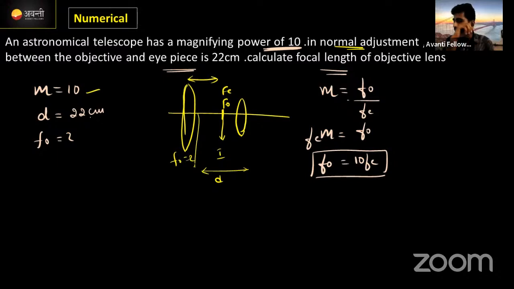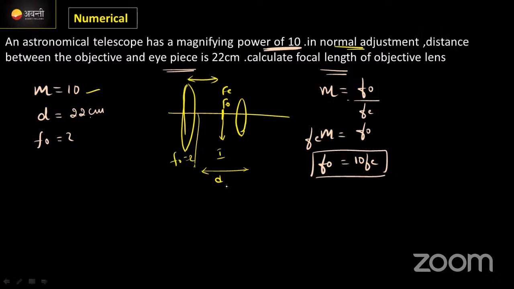Now we need to calculate the value of fe, which is the focal length of the eye lens. How do we calculate fe? They have given one more value, d. D is the distance between the two lenses, also called the tube length.